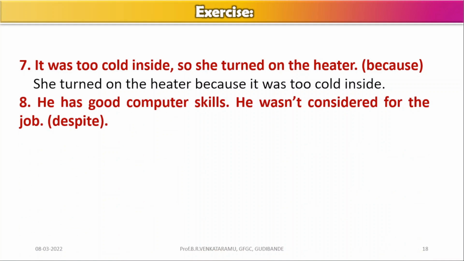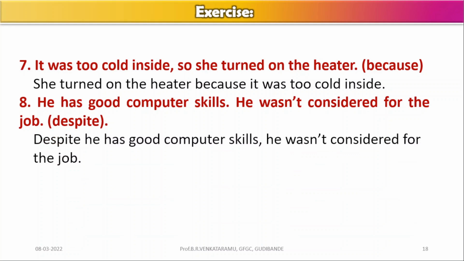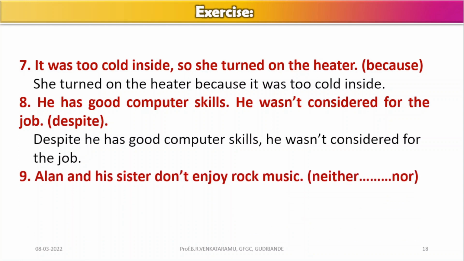The eighth sentence. He has good computer skills. He wasn't considered for the job. In the bracket it's given despite. By use of the linker despite, you have to rewrite the sentence. It can be written as despite he has good computer skills, he wasn't considered for the job. Ninth sentence. Alan and his sister don't enjoy rock music.